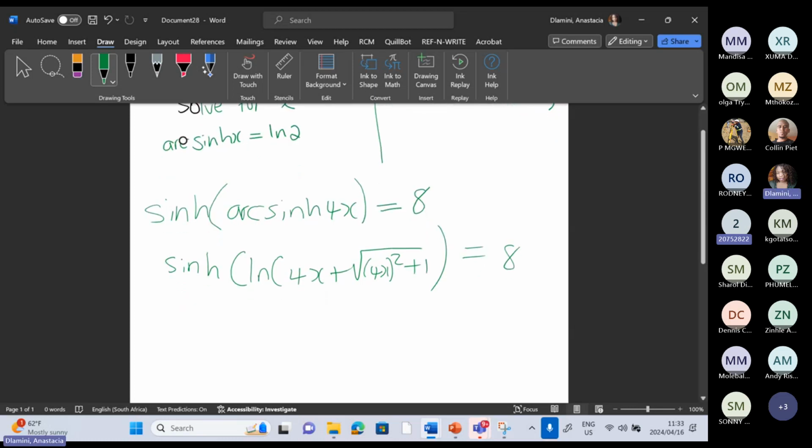Then I'm going to express again using that formula of e to the power x minus e to the power negative x over 2 outside to solve for x. It's sinh. Okay, so it's minus here.